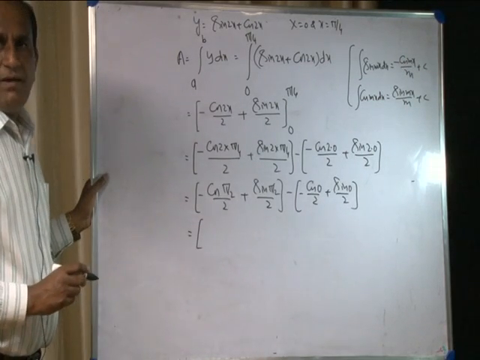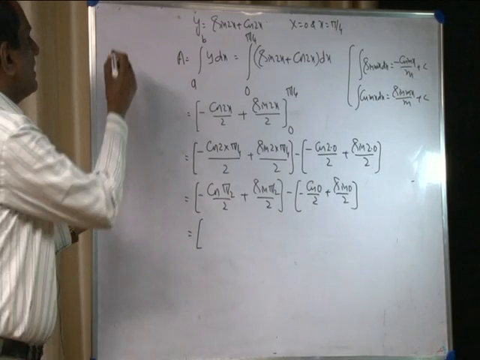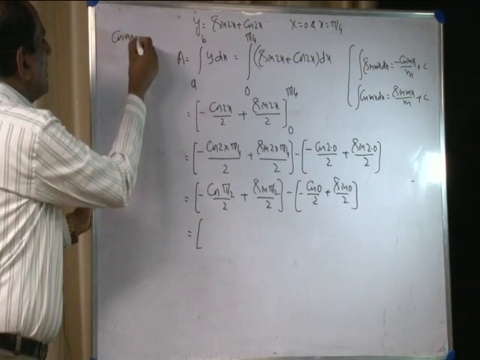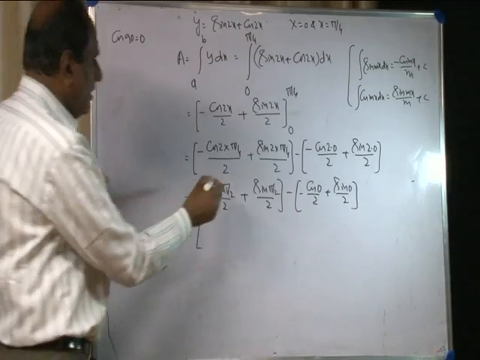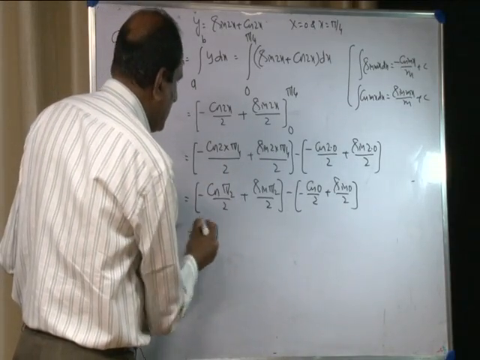Cos pi by 2, or cos 90, is 0, and 0 by anything is 0.